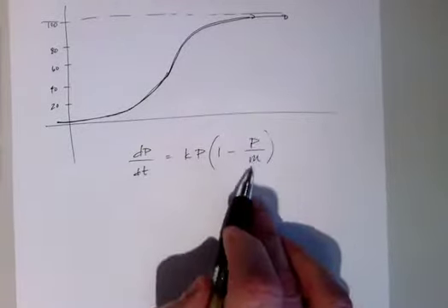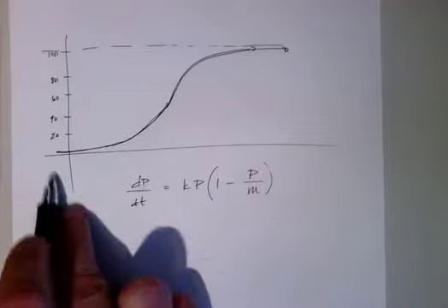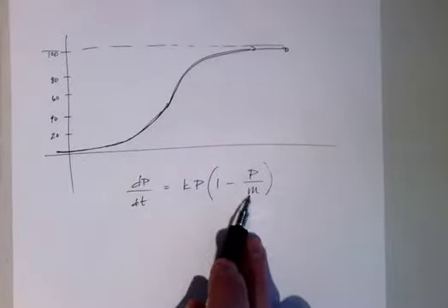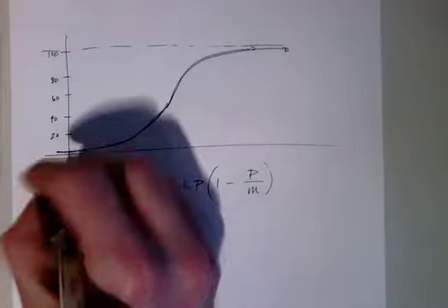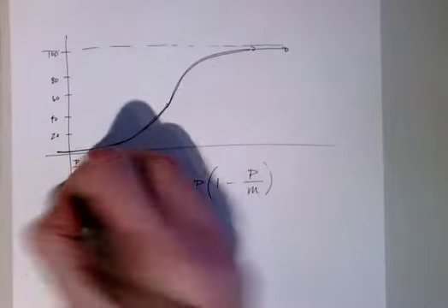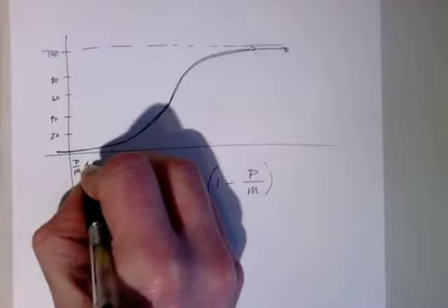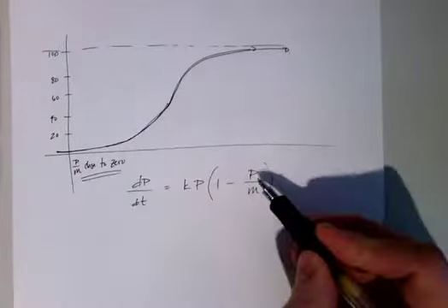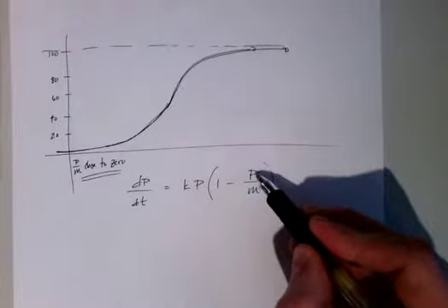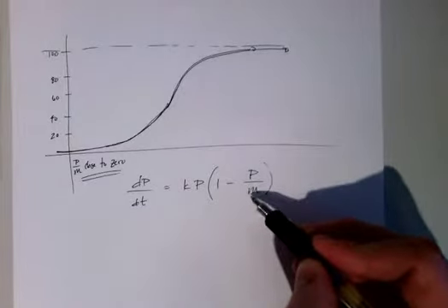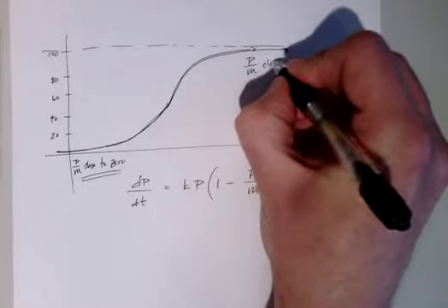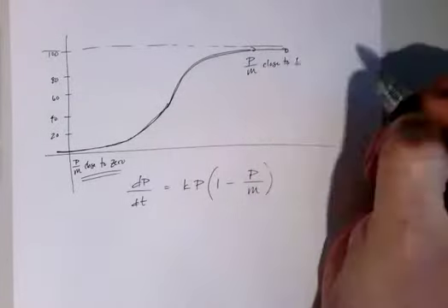And so at the very, very beginning of a logistical growth curve, like back here, this ratio is close to 0. So P over M is close to 0 over here because population is really, really low, and this M is a constant. Up here, P over M is close to 1.